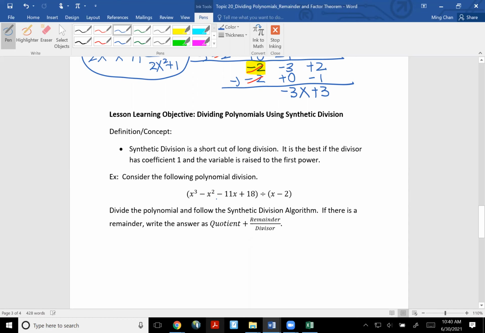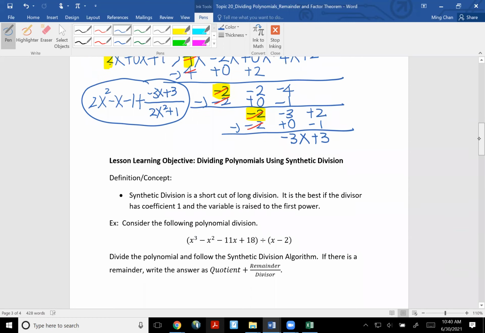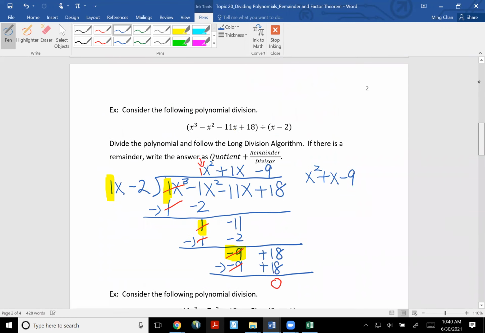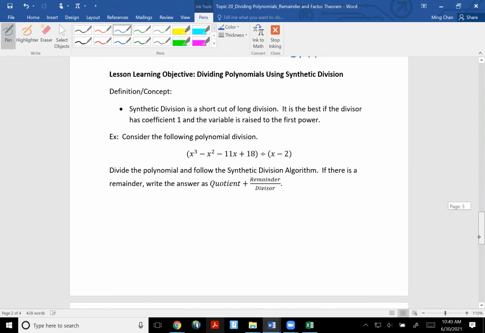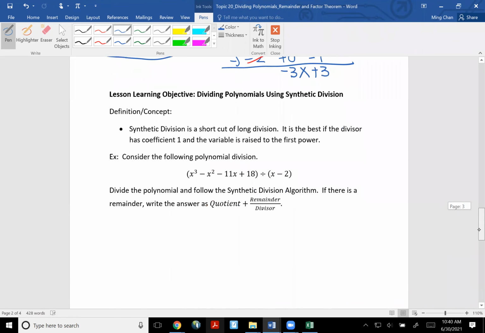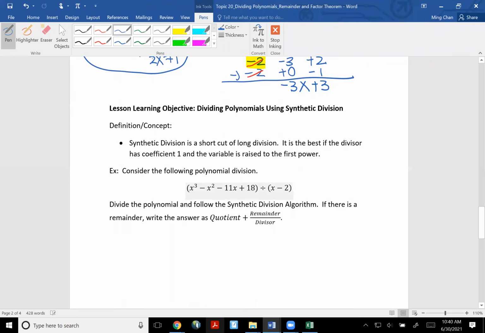So this problem, I think, is the same one as the first one we did, right? This is a perfect example of using synthetic division because my divisor has coefficient 1 and is also raised to the first power.